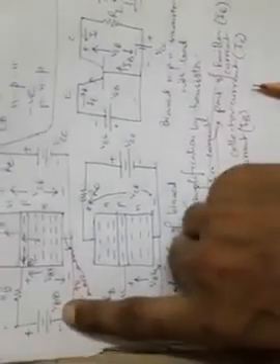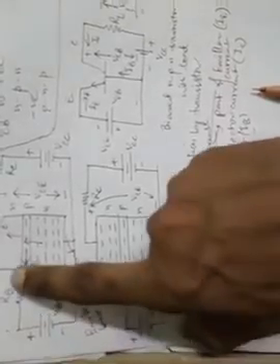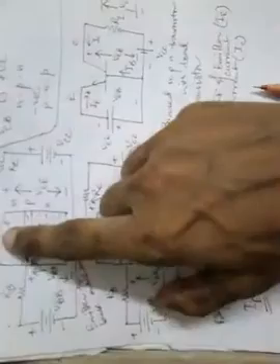So if we summarize the whole process in a few lines, the VBB forward biases the emitter diode, forcing the free electrons in the emitter to enter the base. The thin and lightly doped base region gives almost all these electrons enough time to diffuse into the collector.